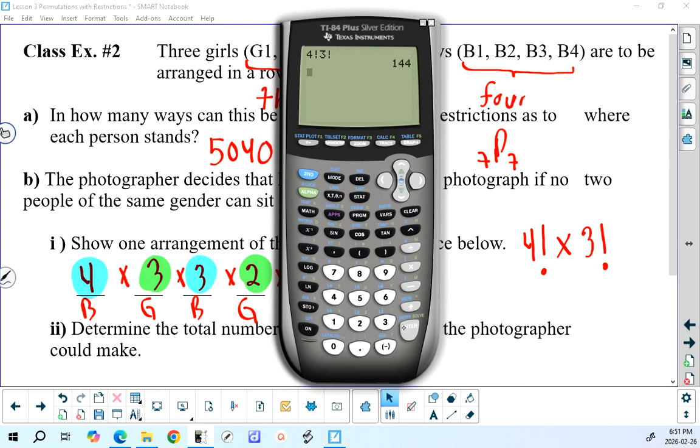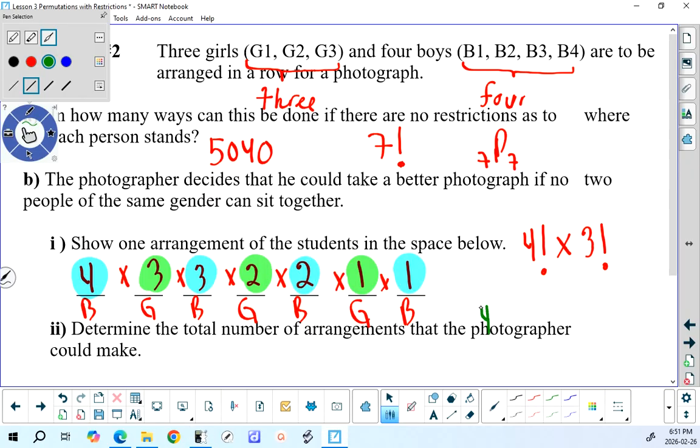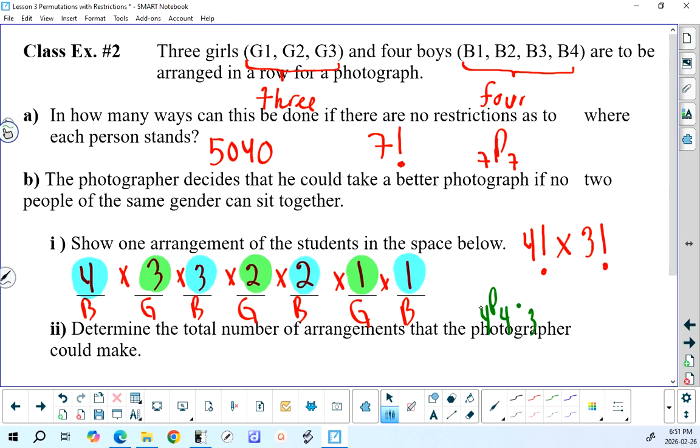I mean, oh man, this would be absolute overkill if you did this. But you could say it's 4 boys arranged 4 at a time, times, because it's and, 3 girls arranged 3 at a time.